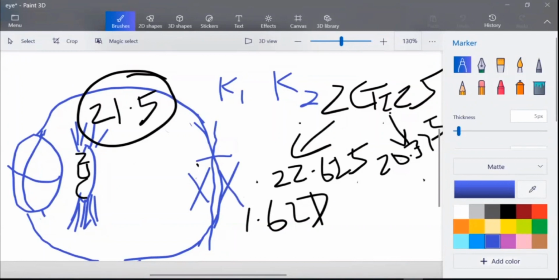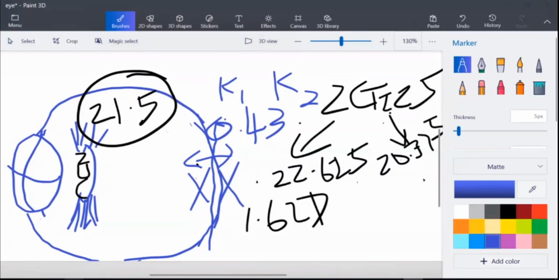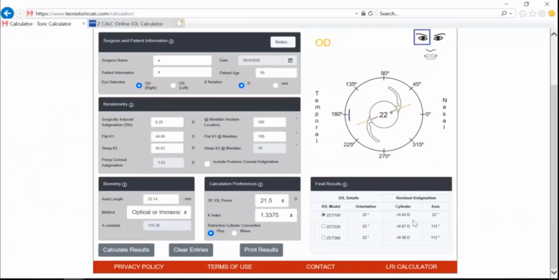The gap that you see between the two focal points is 0.43 diopters. So we have narrowed the gap from 1.62 to 0.43. That's not a bad result, because if it's less than 0.75, the patient is going to see pretty good.